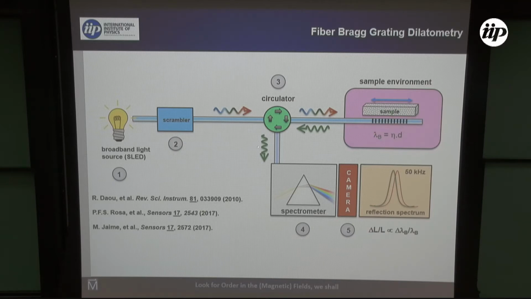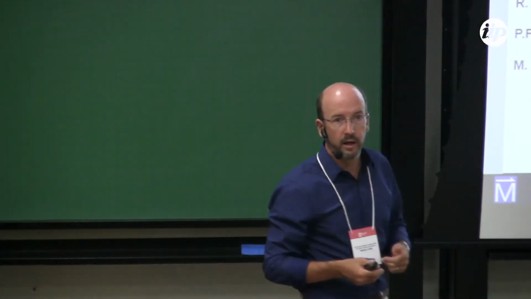I receive back light of one color, send it to a spectrometer, a fast camera, and then I get the reflection spectrum. And this reflection spectrum shifts when the sample changes dimension. The advantage of this technique is that there is no electromagnetic interference. So when you have the sample in a noisy electromagnetic environment, the data comes out untouched, essentially.